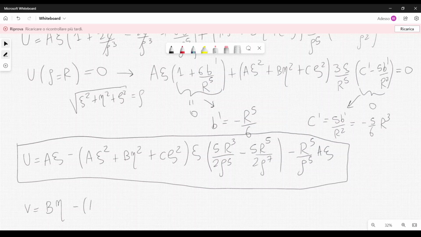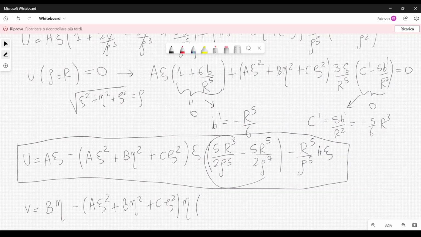We don't need to replace that. We have a xi squared plus b eta squared plus c zeta squared. We have to replace xi, so we will put eta here, which can also be obtained by direct calculation, but we can avoid that just by thinking about symmetry.